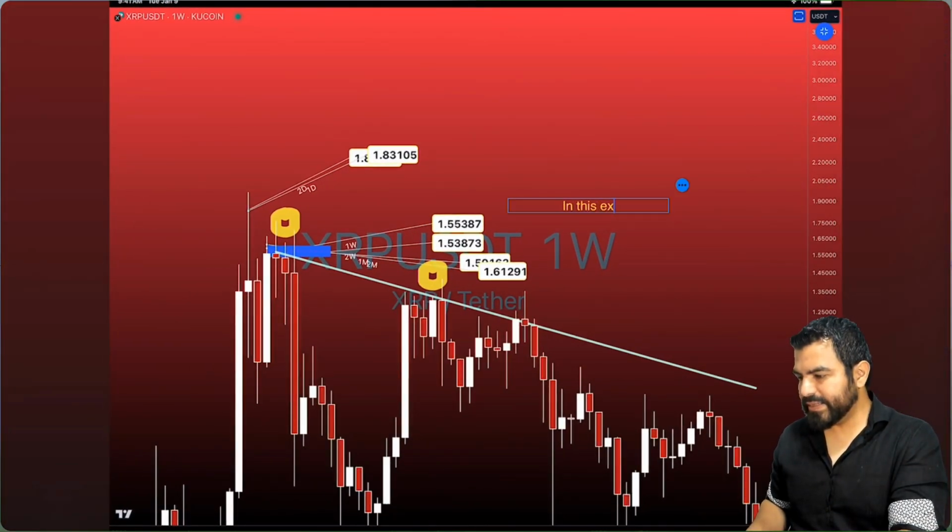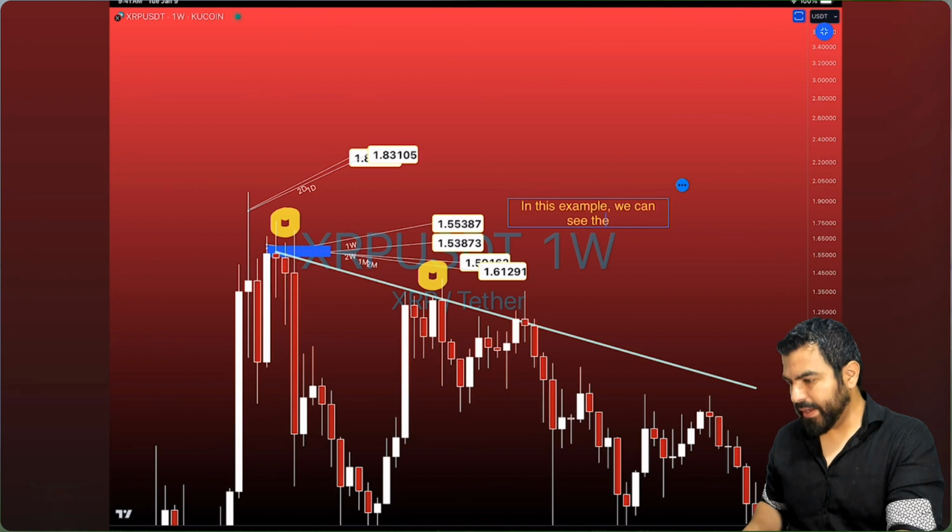In this example, we can see the 1 month, 2 month, 2 week, and 1 week core cluster area.